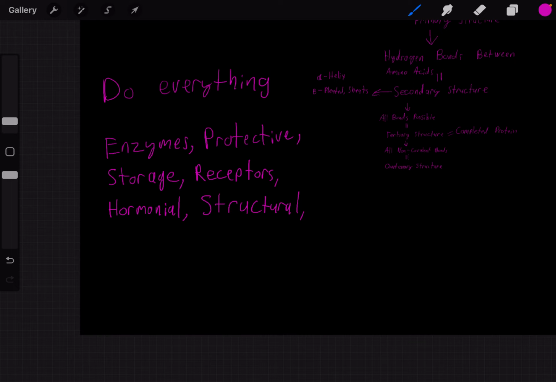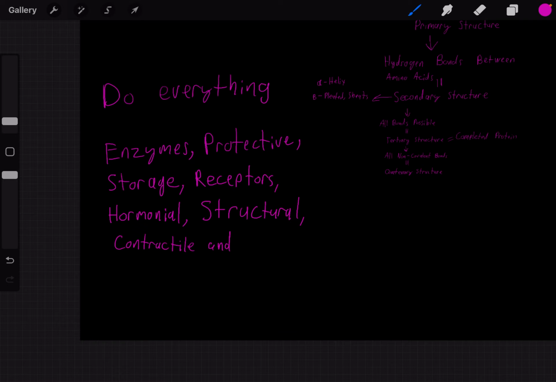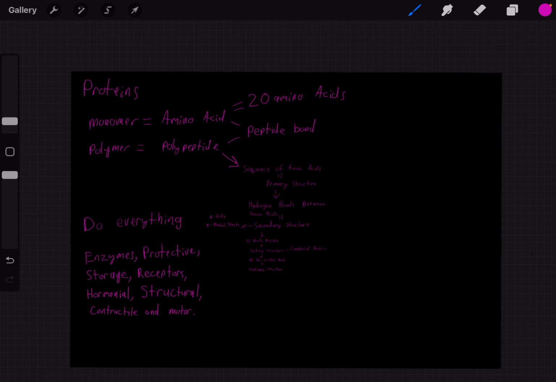Some of them are contractile and motor proteins. And that is some things that proteins do. But remember, proteins kind of do everything.